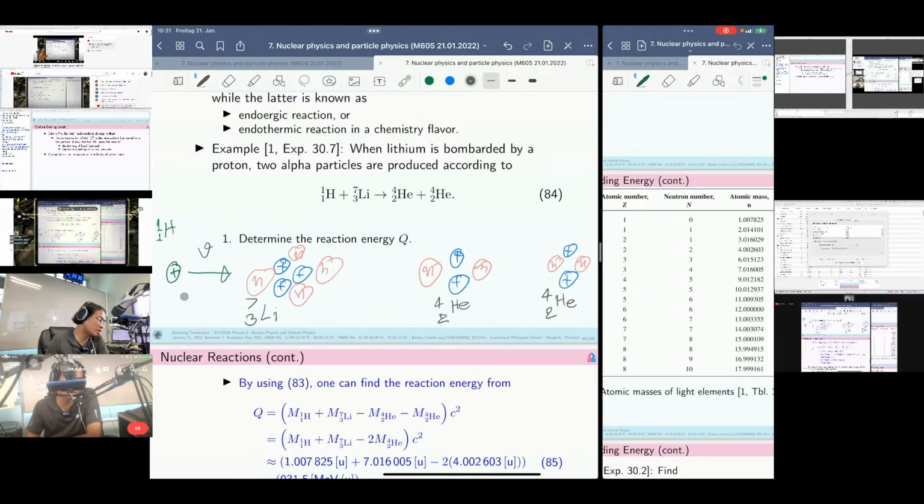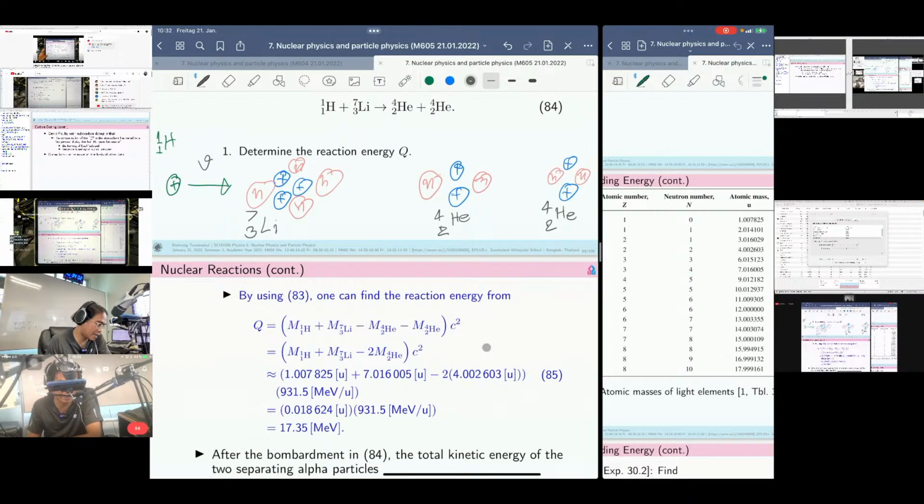energy difference from both sides, from input and output, becomes positive. So this one has more. Oh no. You would need to insert more. The kinetic energy is reduced, not increased. These two alpha particles have less kinetic energy because the left hand side is greater, right?